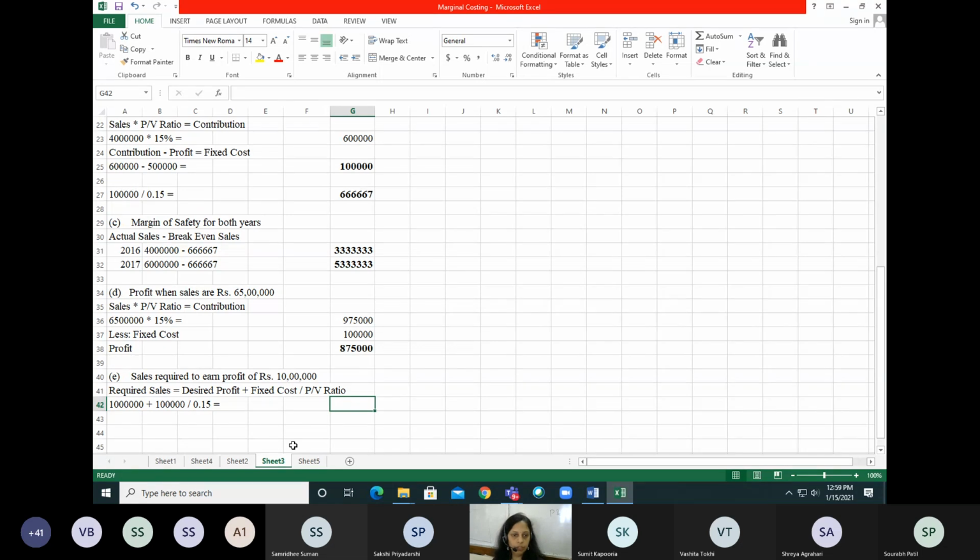Calculate what will be the required sales. 73 lakh 33,333, make it round, 667.